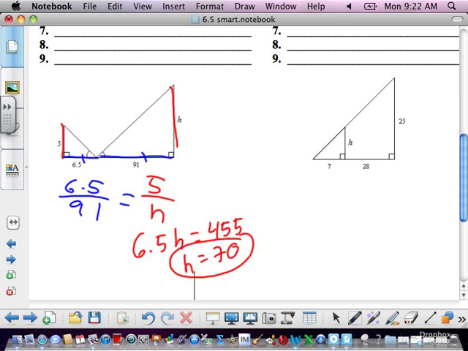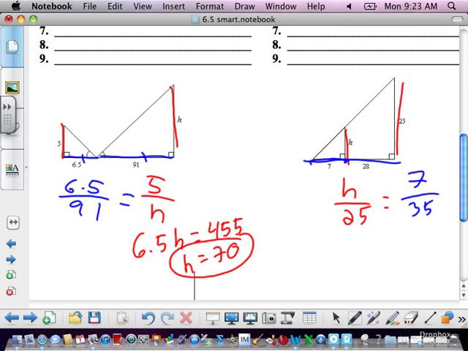I want to do one more because this one I think looks a little tricky. It might seem obvious, but there's a trick. I would put H over what? And then I'm going to put 7 over what? 28 plus 7, because I want the whole thing, right?